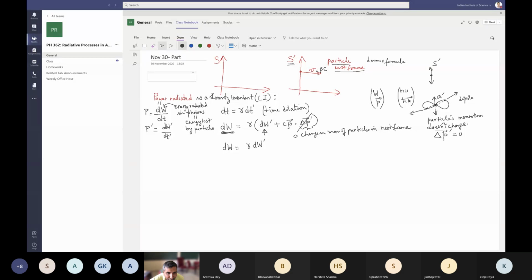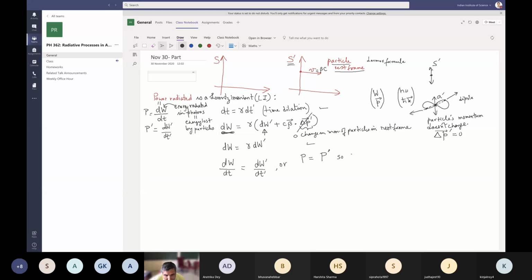So from this equation and this equation, if we take the ratio, we get dW/dt is equal to dW'/dt'. So the total power emitted as measured in the lab frame is the same as the total power emitted as measured in the particle rest frame.